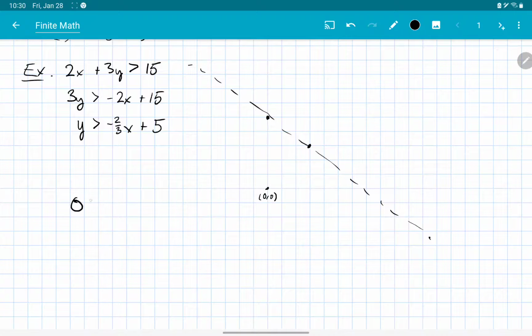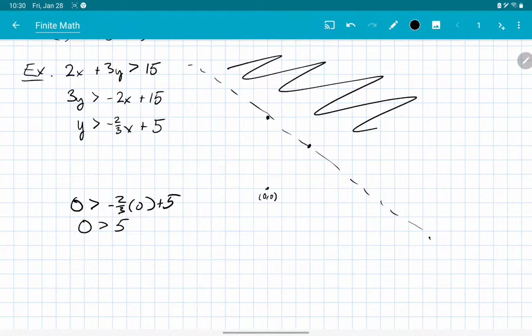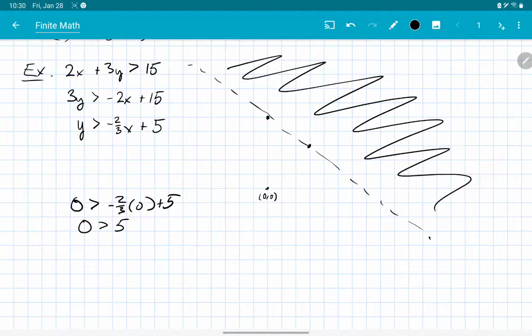Is 0 greater than negative 2/3 times 0 plus 5? Is 0 greater than 5? No, 0 is not greater than 5. So that means the origin is not in this region, so I want to color this region there. Any questions about this second example of graphing? Good.